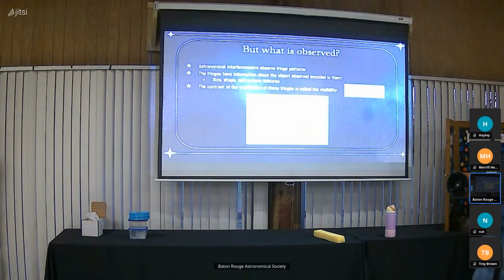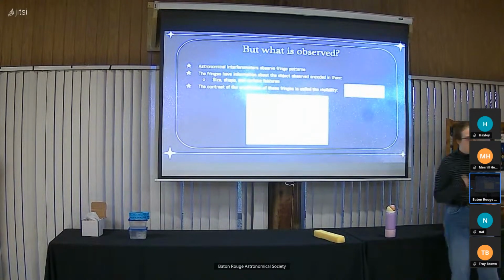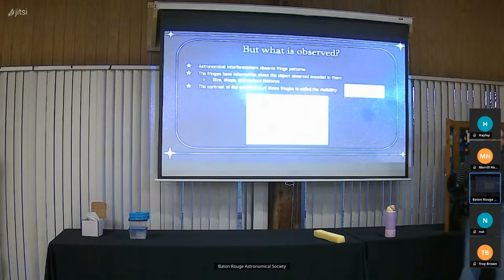Okay, so what is observed? Astronomical interferometers are not just looking at stars. So when you're taking data with an interferometer, you're not looking through a telescope and just seeing pretty stars or the moon or anything like that. You can see the star, it's just a dot of light. It's not really all that impressive, but the data that we're taking, the things that we're seeing and trying to achieve are called fringe patterns.